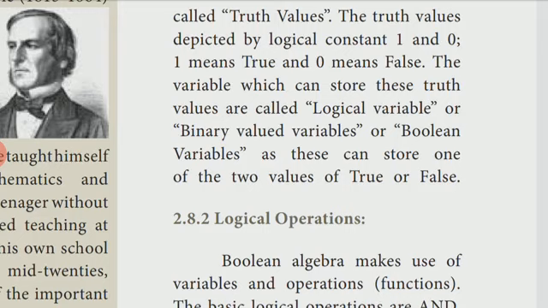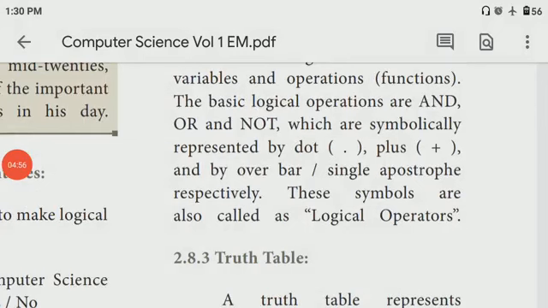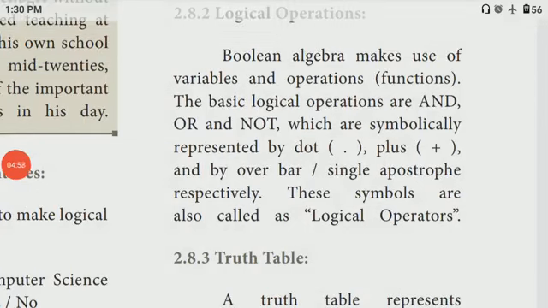If you declare like that, then a is called a Boolean variable, logical variable, or binary variable. Here you have to store either 1 or 0, or true or false. Only these values you can store.